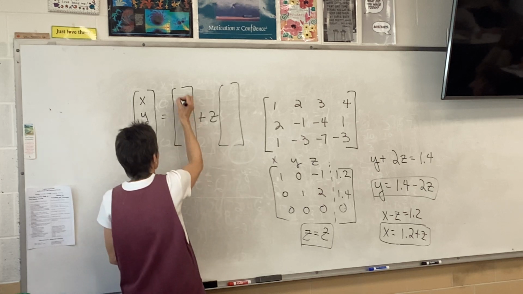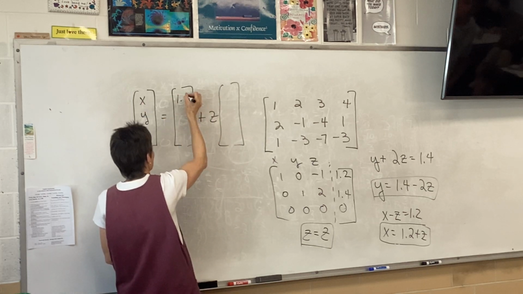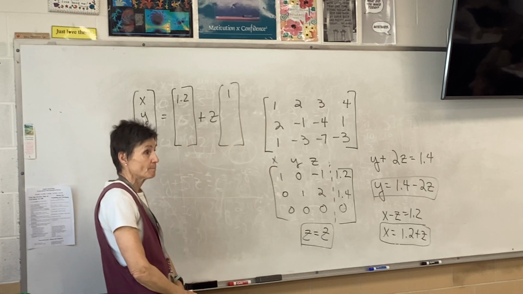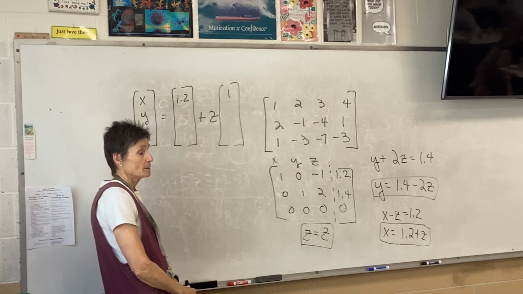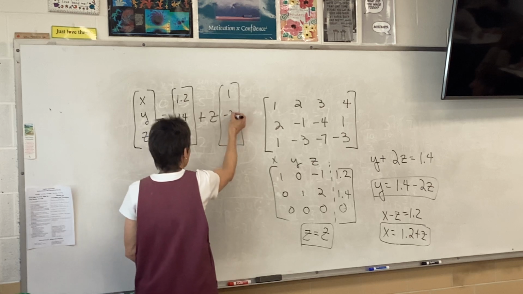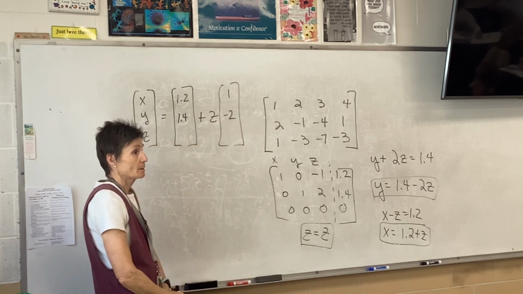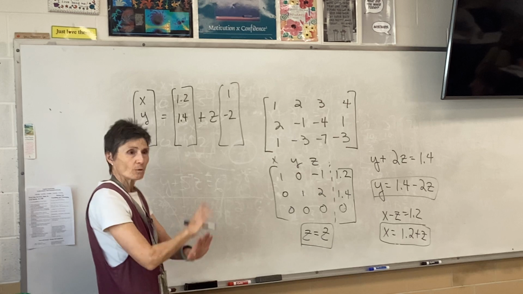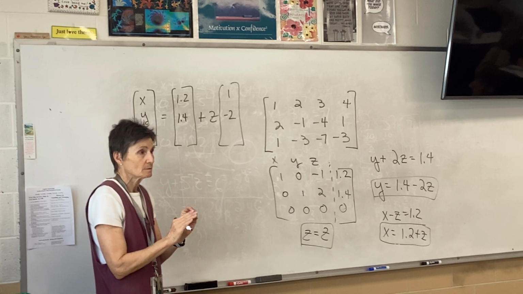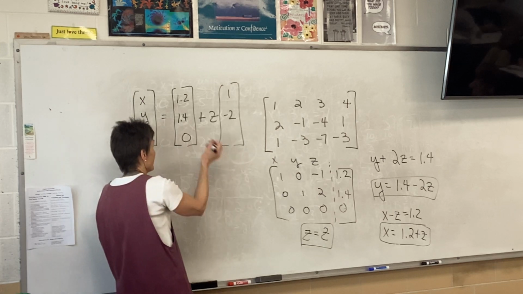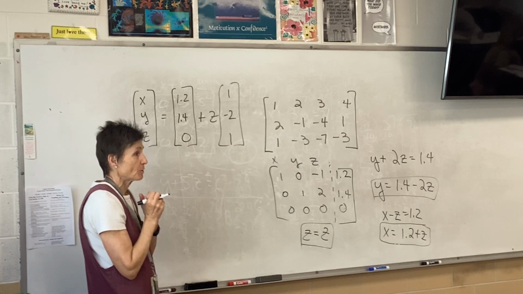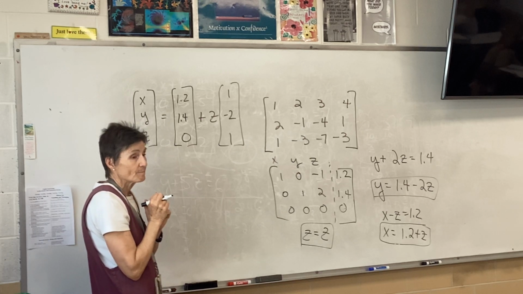So the number for X is on top, 1.2, and the Z coefficient is 1Z. Y is 1.4 and negative 2 Z's. And what's Z? Don't get tripped up. What's its number? 0, and there's one of them. So 0 plus 1Z, and that's called the general solution to the problem.